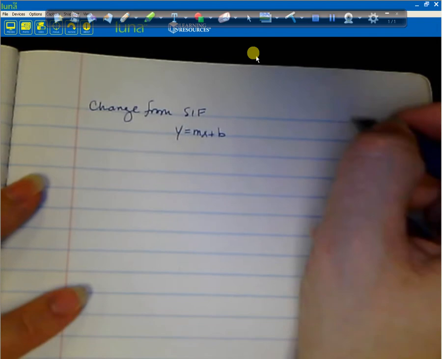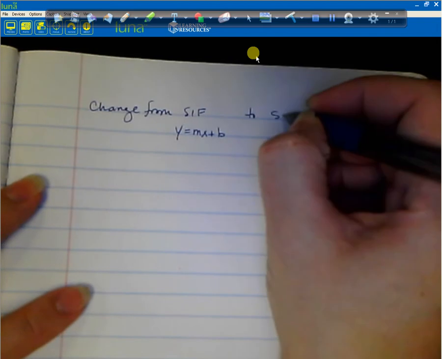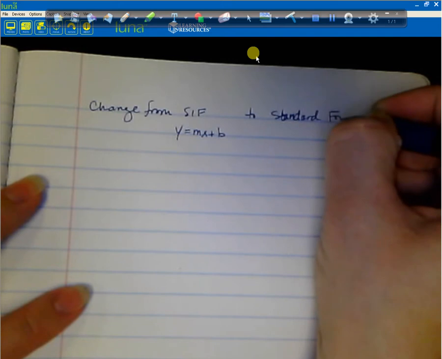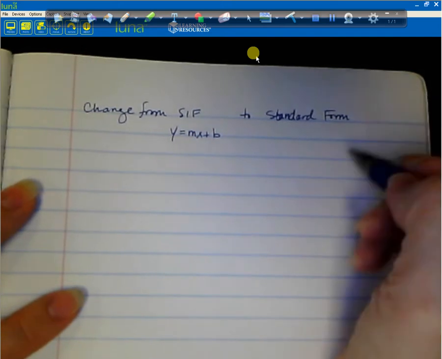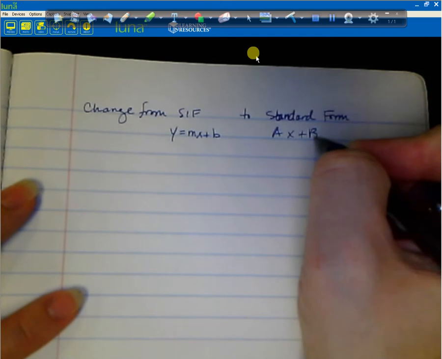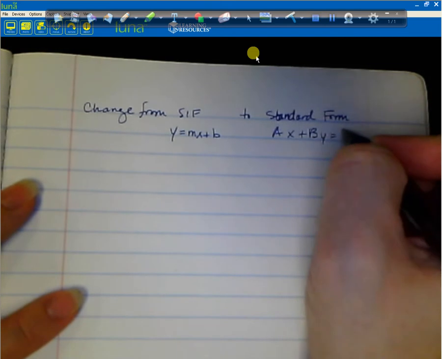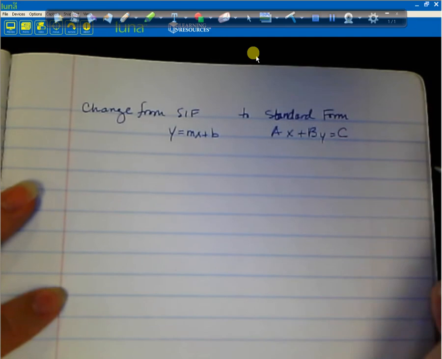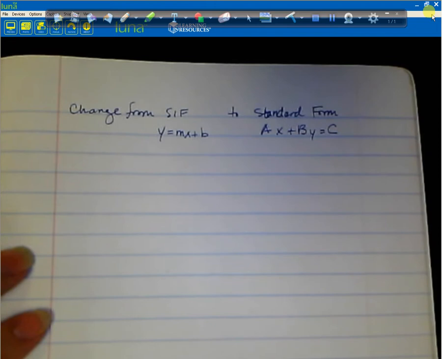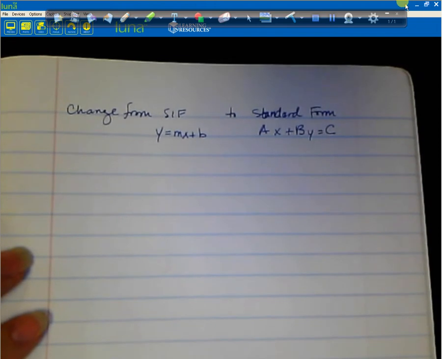To standard form. And standard form, again, like you just wrote down, is ax plus by equals c. It's important here that your A, your B, and your C are capital letters because they are distinctly different from variables like the lowercase a, b, or c.